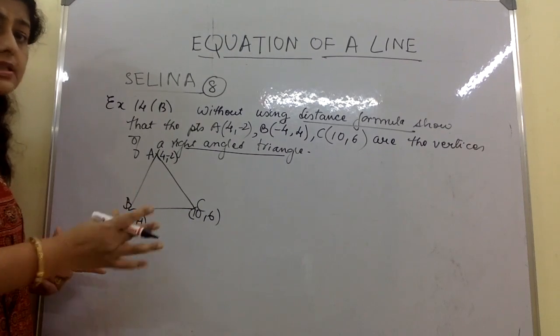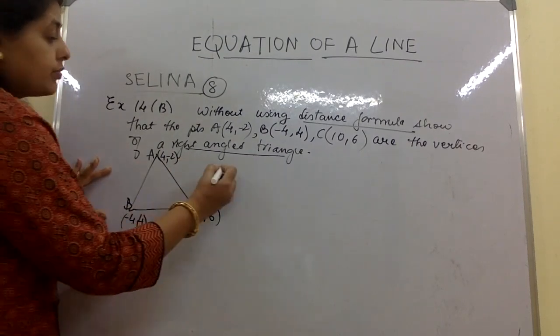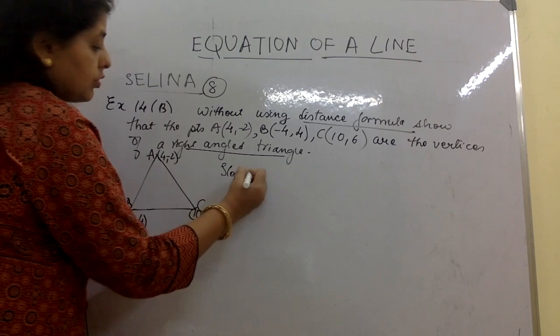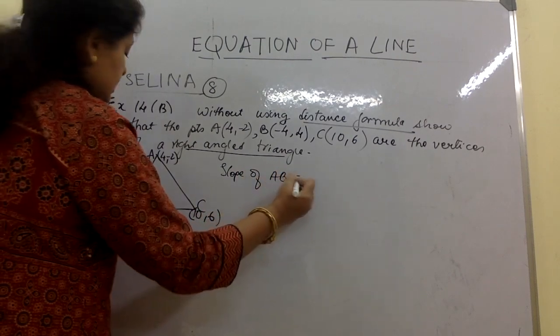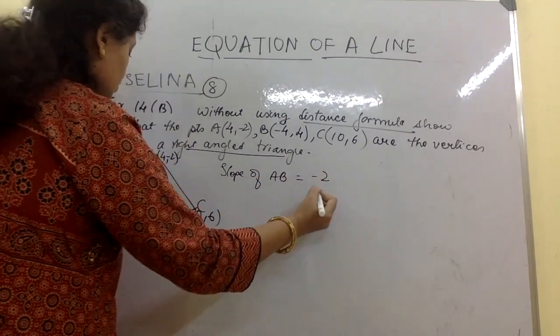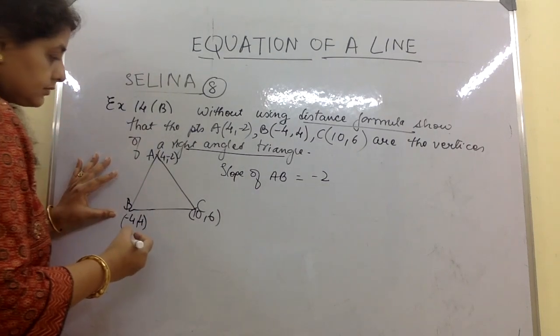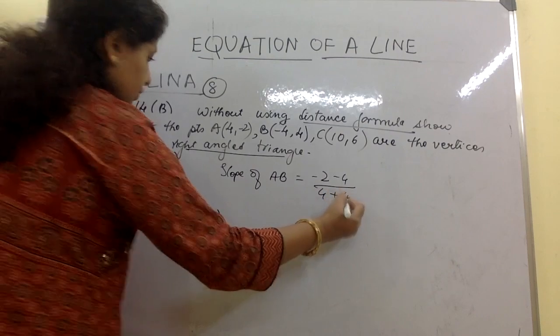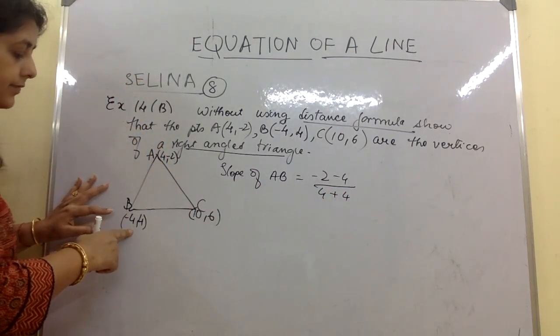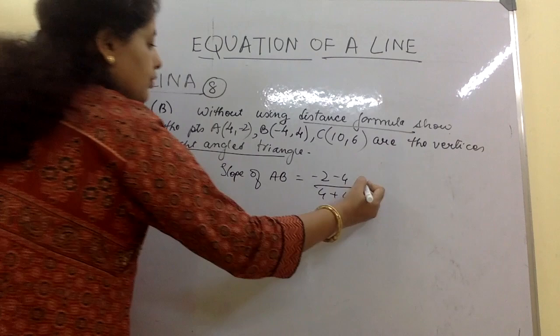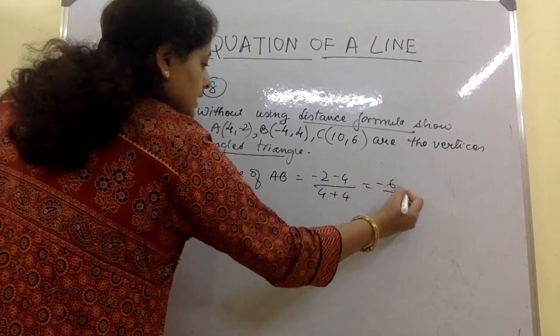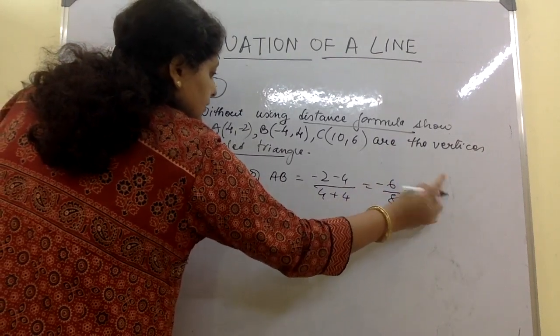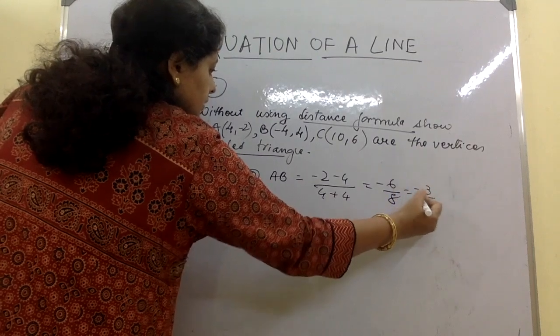Let us start finding the slope of the lines. Okay, so slope of AB. Okay, slope of AB is -2, -4 and 4 plus 4. This is 4 minus -4. Okay, that is 4 plus 4, -6 by 8. That is -3 by 4.